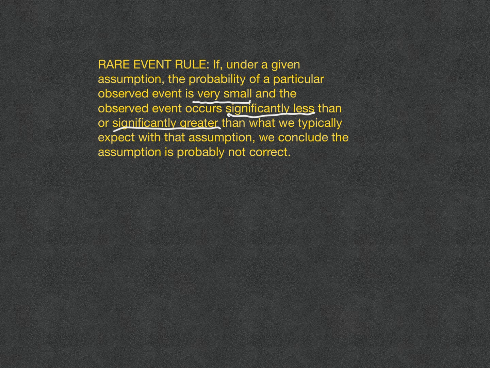Okay, so let's just go with a medical study. If you have a medical study and they give you a drug, then the assumption is the drug will not work. That's the assumption, okay?